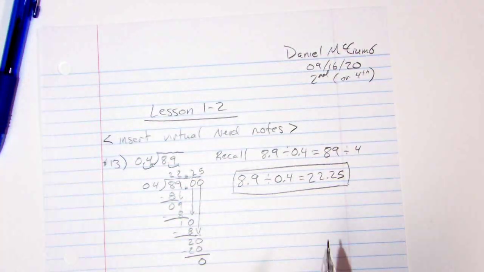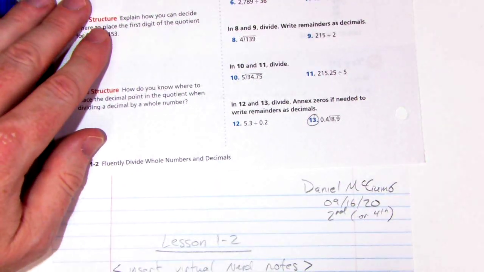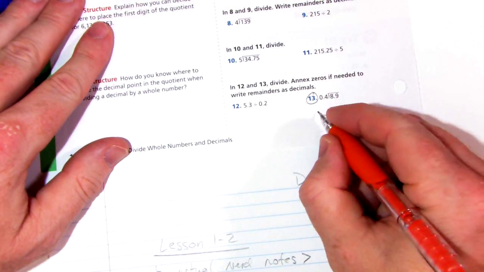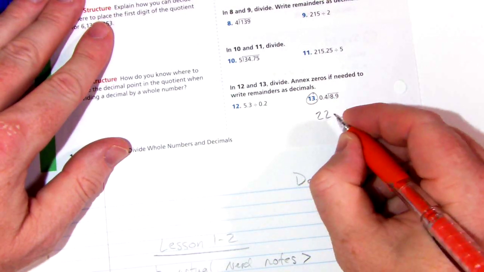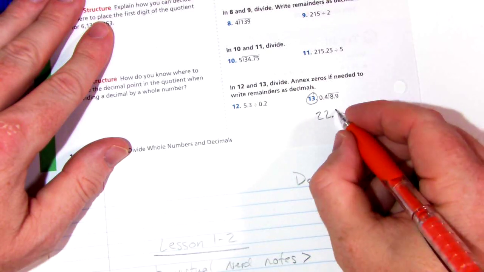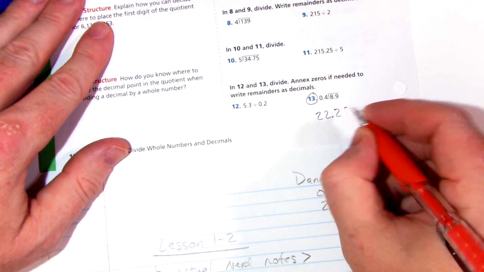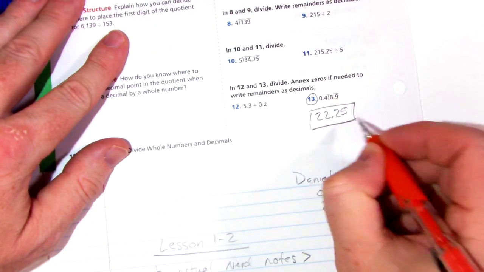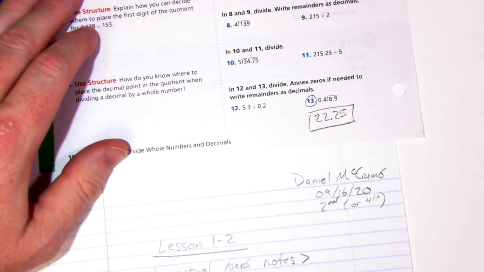Because that is the same as 89 divided by 4. So we can come back over to our paper over here, and we can fill that in right here, because we'll check our answers later, and we put 22.25. There you have it. Dividing decimals.